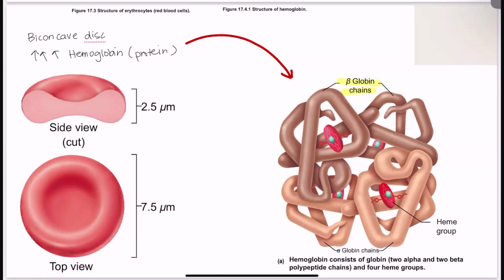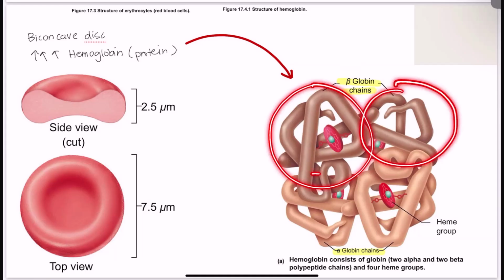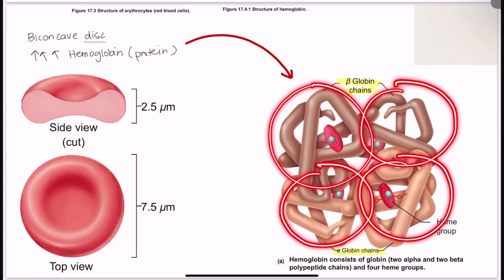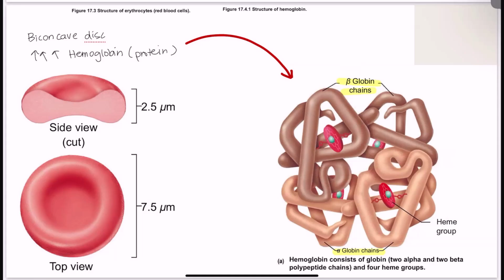This little B with the tail on it is for the Greek letter beta. So we have two beta globin chains, and then we also have two alpha globin chains. So here we have 1, 2, 3, and 4 subunits all together.